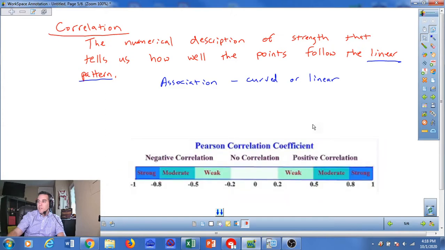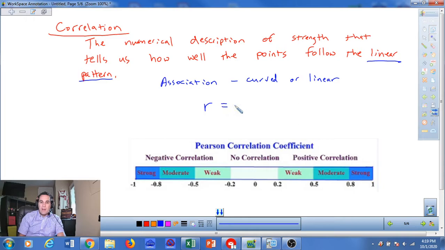So there's this thing called Pearson's correlation coefficient, right? Mathematicians have made a way for us to measure strength. It's a lowercase r, always a lowercase r, and it's calculated by doing this crazy formula where you do zx, the z-score of all the x's, times the z-score of the y variable, and you add those all up after they multiply them and divide them by n minus 1.